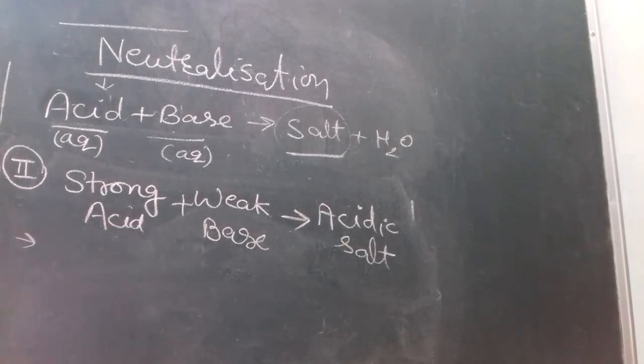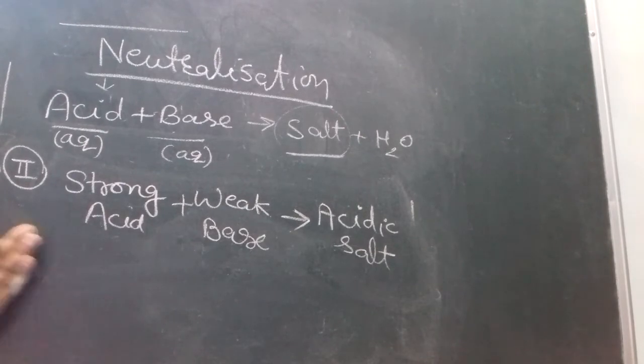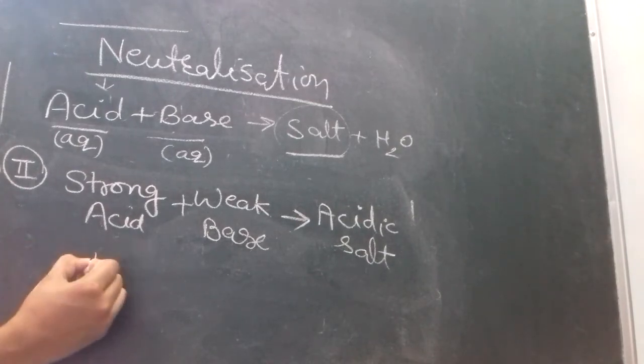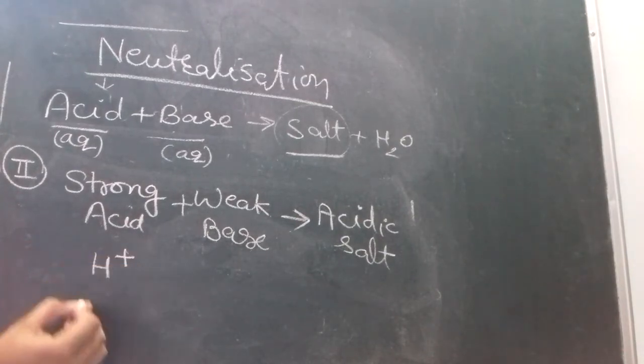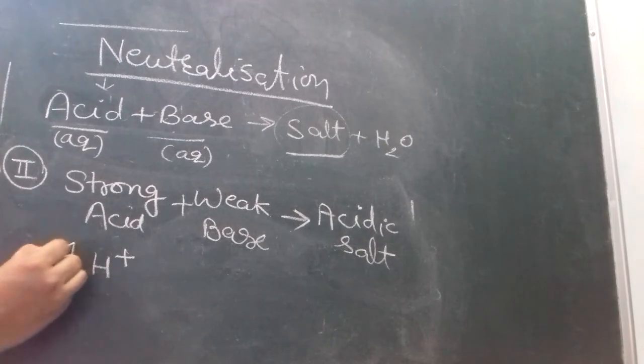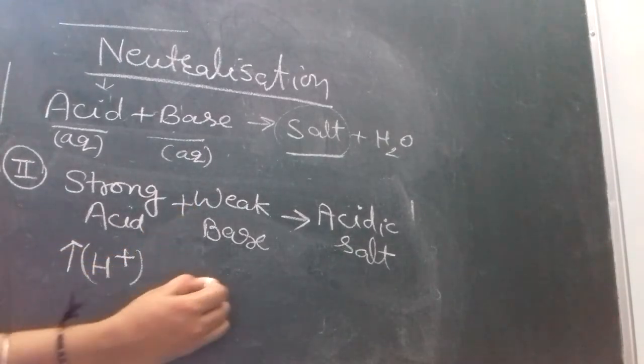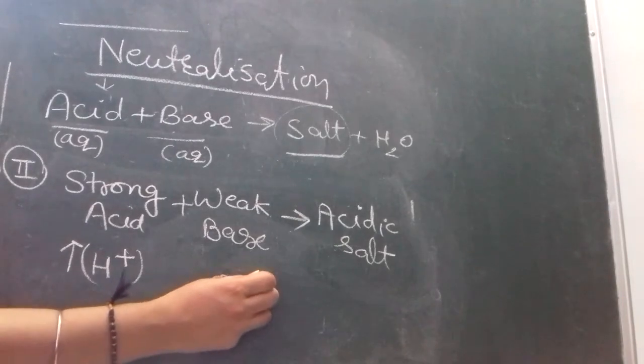Okay, so before we take an example, we should know the reason that strong acid and weak base make acidic salt. Now strong acid has hydrogen ion and it will release more hydrogen ion in water, but weak base has less concentration of hydroxide ion.